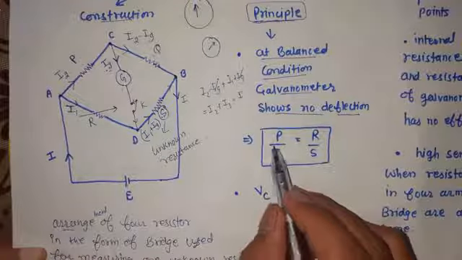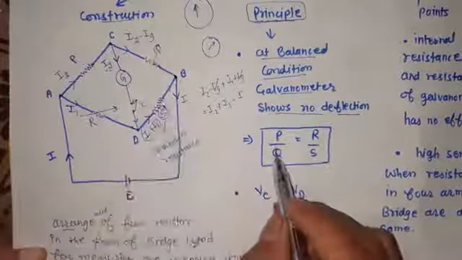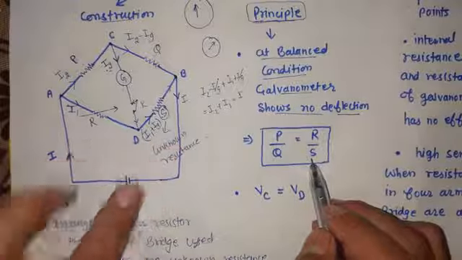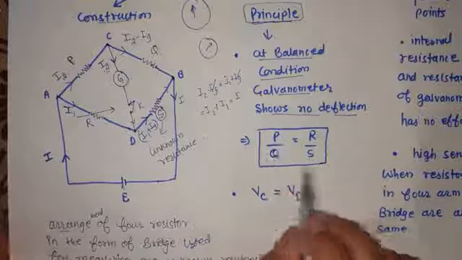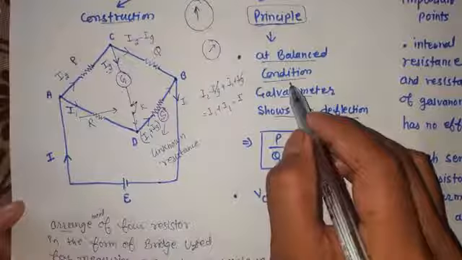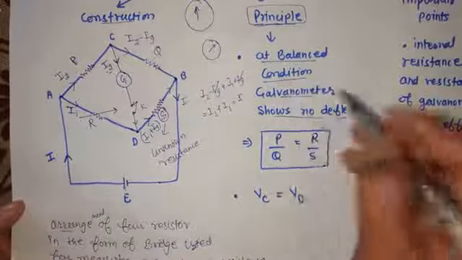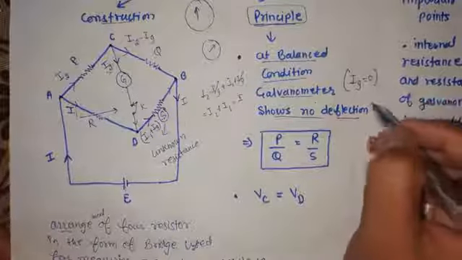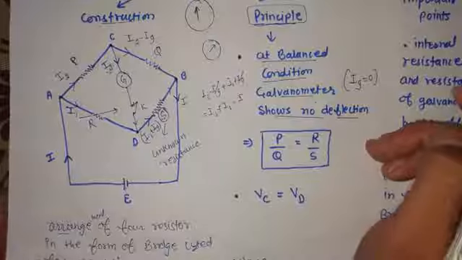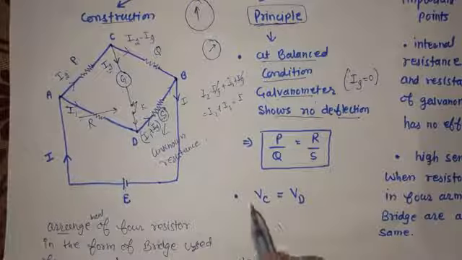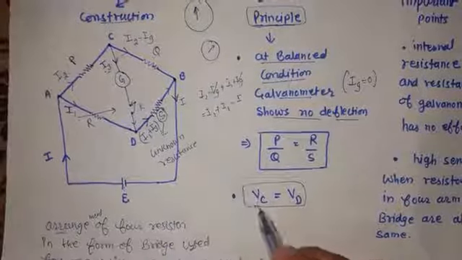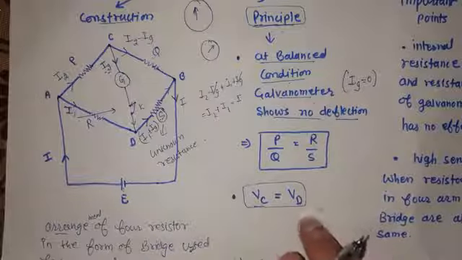So we get P upon Q equals R by S. Check over there, we get this when there is the balanced condition, when the current through the galvanometer is zero. At a balanced condition, the potentials of C and D become equal.